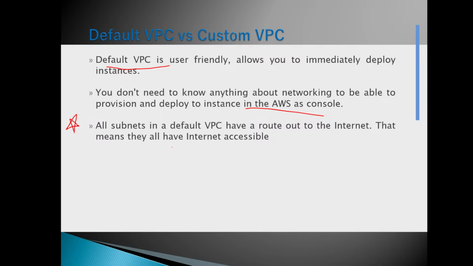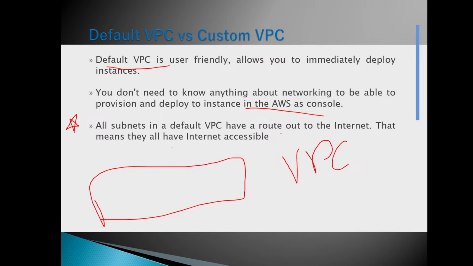That means that EC2 machine was public. That's why you are able to connect to that EC2 machine. And if the machine is public, that means the network to which it is connected allows public access. So any machine which is created in default VPC has internet access or a route to internet.